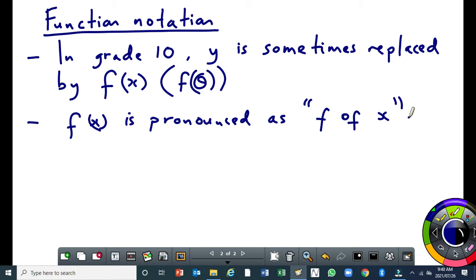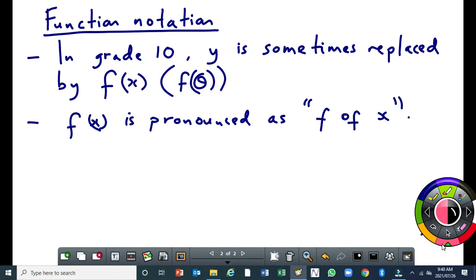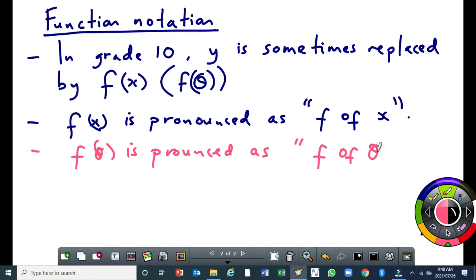I'm going to write that using a different color, so you can have both of them.